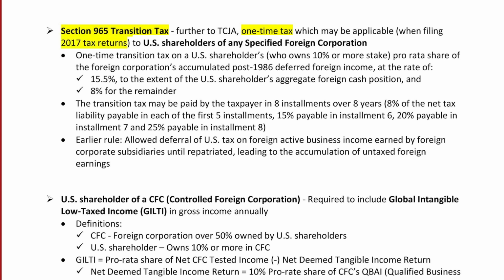And this may apply for put a box around US shareholders of any specified foreign corporation, which is a SFC, where the taxpayer may have to pay a one-time transition tax on the taxpayer's pro rata share of highlight the foreign corporations or the SFCs accumulated post 1986 deferred foreign income.